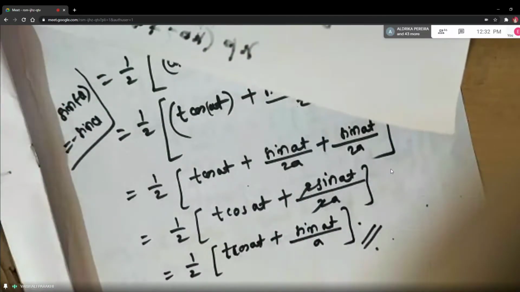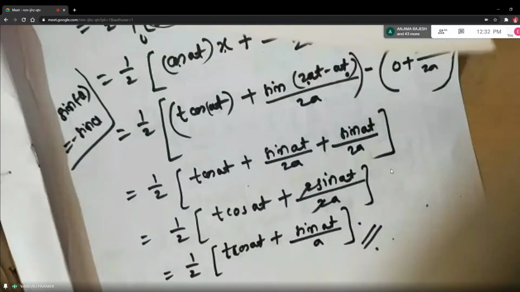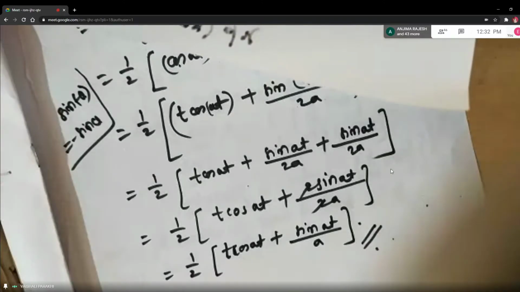Any doubt at any step? Diploma students may find it a little bit difficult because of the integration part and because of substitutions.